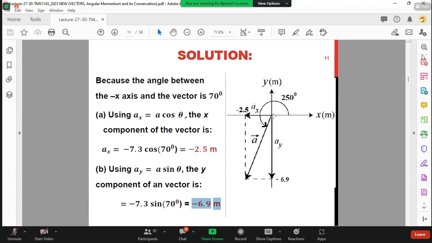So if tan theta is negative, then you are either in the second quadrant or in the fourth quadrant. You can think about it further by yourself.